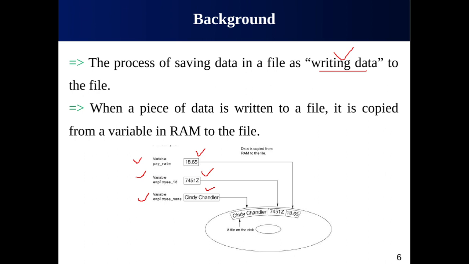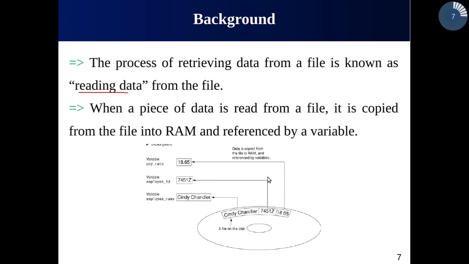In a similar way, the process of retrieving the data from a file is known as reading data. Now here a piece of data is read from a file which is stored on a hard disk. You can say the contents of the file are copied from the file stored on the hard disk to the RAM, which is referred to by variables.